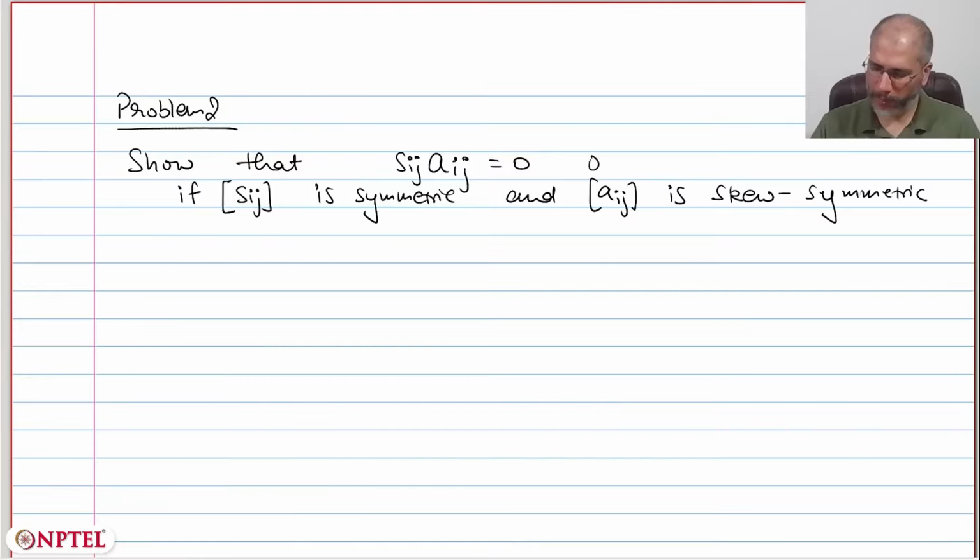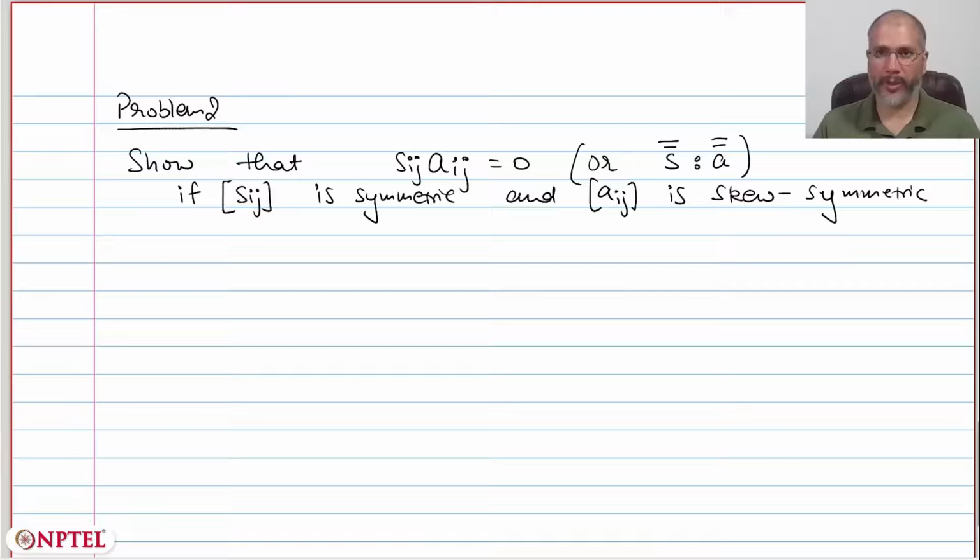So basically, if I write this in the symbolic notation, this is nothing but the vertical double dot between S and A, because S_ij A_ij, as we showed in the lectures this week, is simply the vertical double dot of S and A. You don't really need to know this for solving this problem, but I'm just mentioning it because we have seen this this week. Anyways, so we have to show S_ij A_ij is equal to 0 if S is a symmetric matrix and A is a skew symmetric matrix.